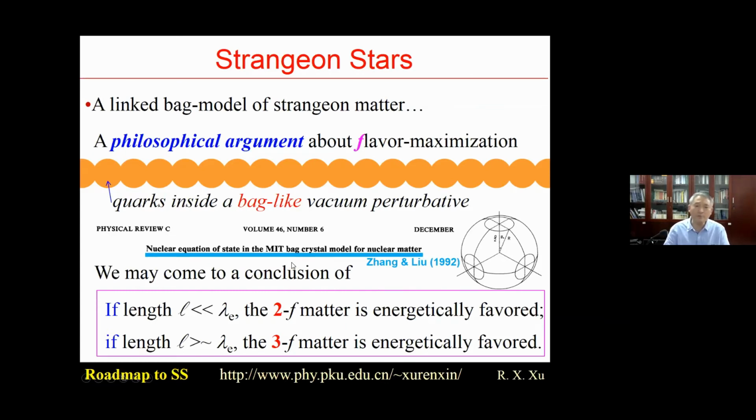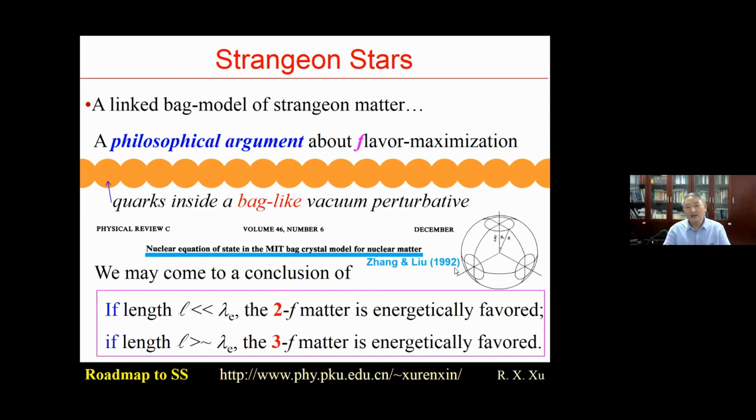This is not a new model, but was proposed a long time ago by our Chinese colleague on our campus at Peking University, Professor Zhang. He retired more than 10 years ago, but he still thinks about very interesting science.